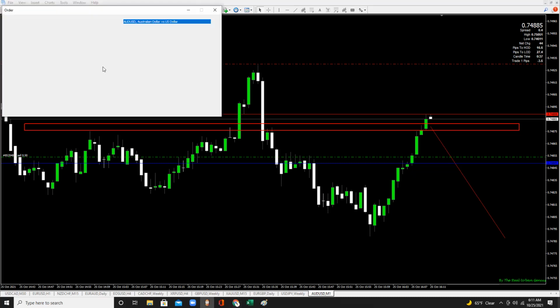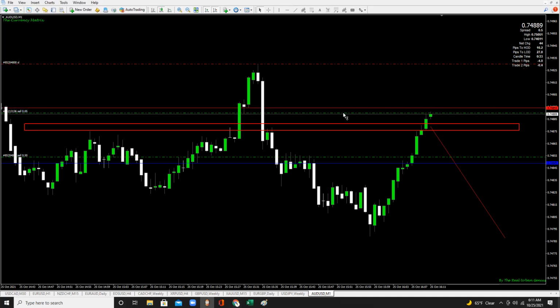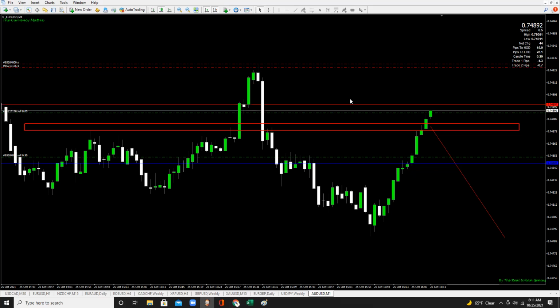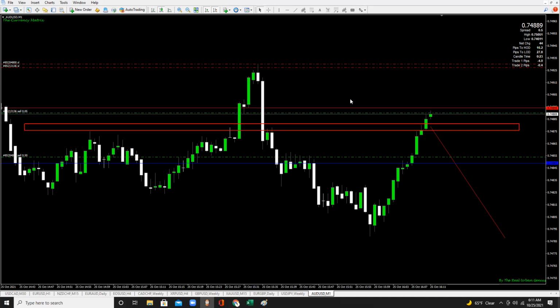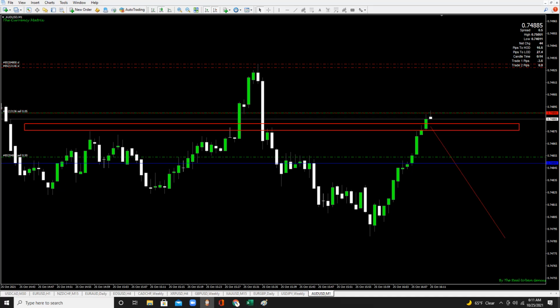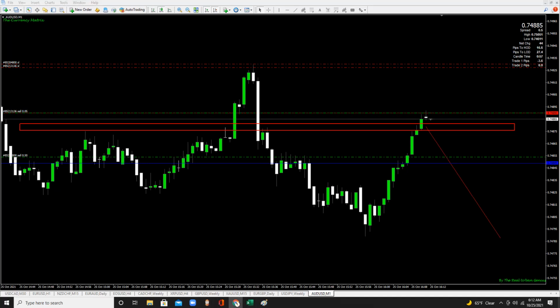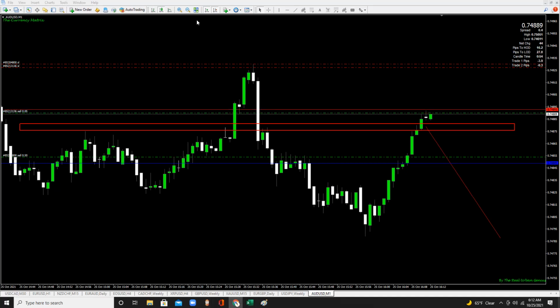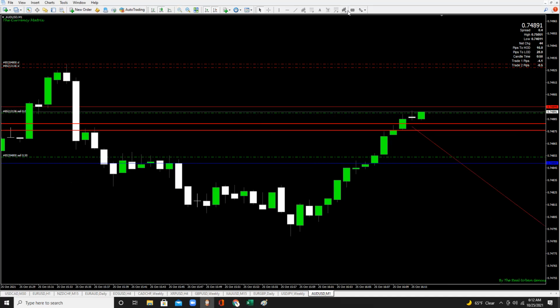So if you're not in Aussie USD, this is actually a nice little opportunity to enter right in here. Here's our bearish close.